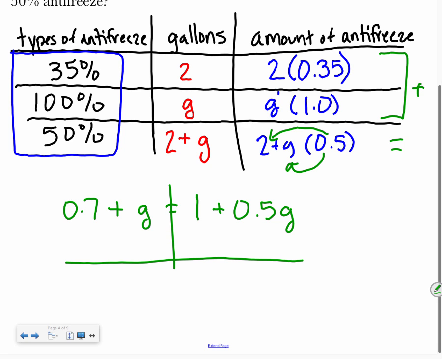I have to get my G's on the same side, so I'm going to subtract 0.5G from both sides. I'm left with 0.7 plus 0.5G, because 1 minus 0.5 is 0.5, equals 1.